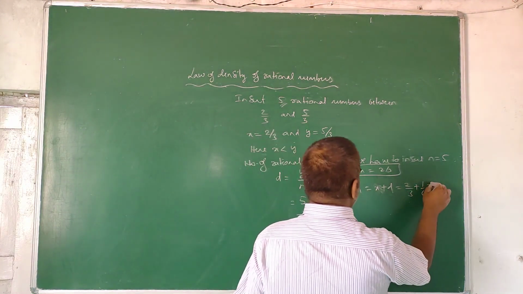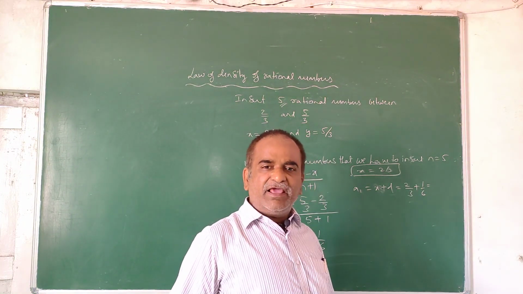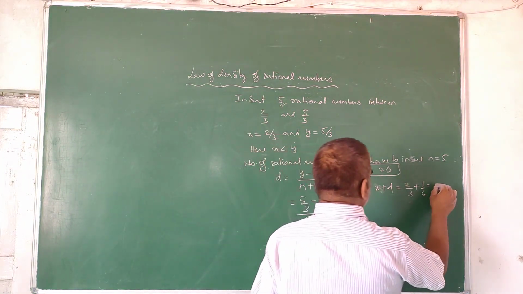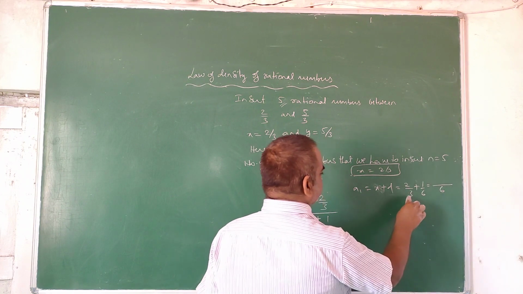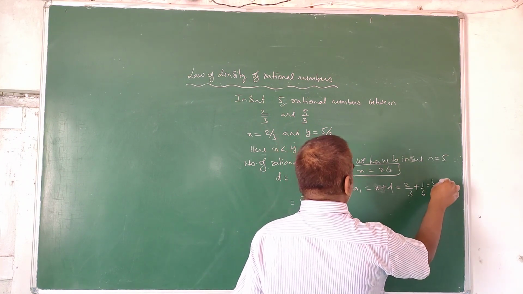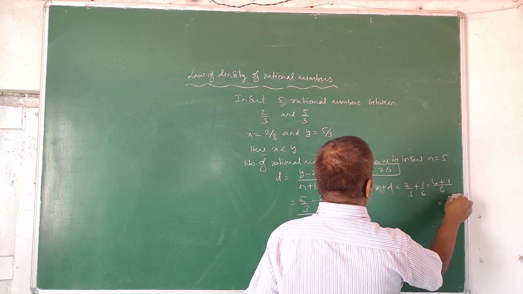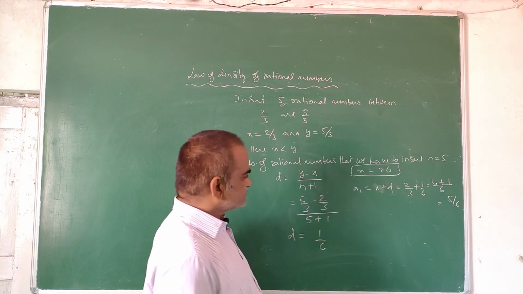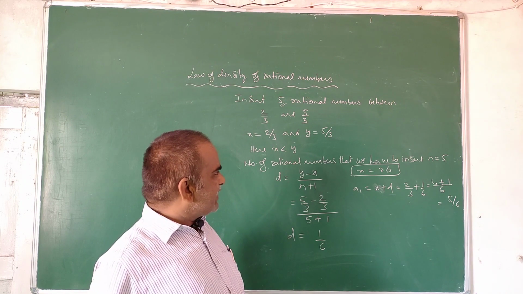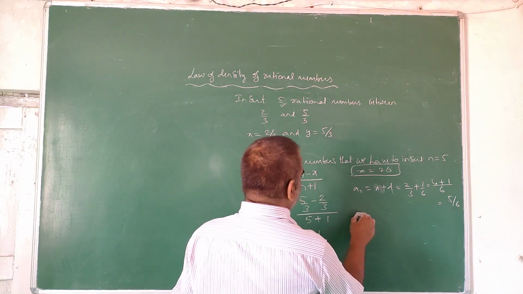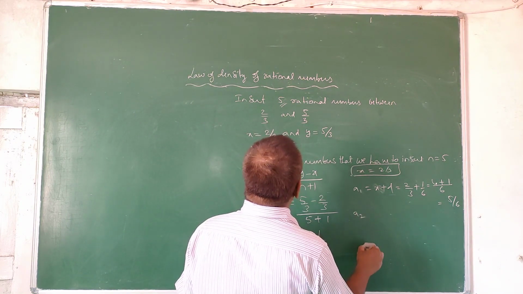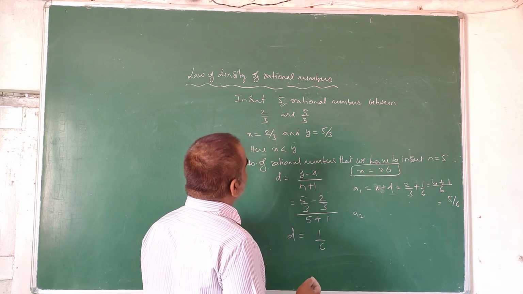So now, if you take LCM, 6 is the LCM, 3 2s are 6, 2 2s are 4 plus 1, which is equal to 4 plus 1, 5, 5/6. So a1 is 5/6.